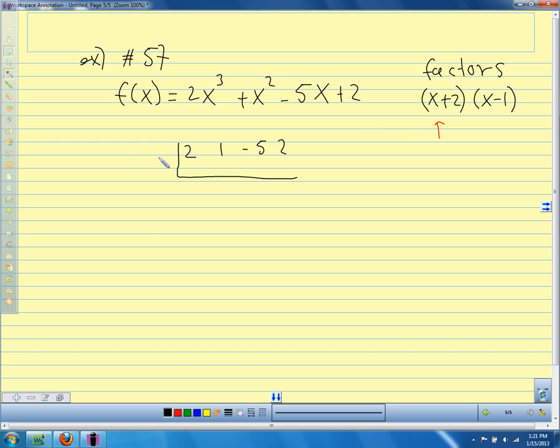Negative 2. Do our synthetic division, bring the 2 down. 2 times negative 2 is negative 4. Add these, I get negative 3. Negative 2 times negative 3 is 6. I get a 1. Negative 2 here, and 0. My remainder is 0. So x plus 2 is a factor.